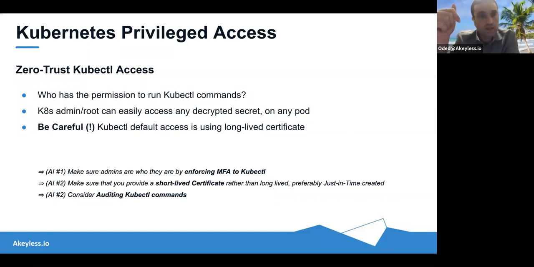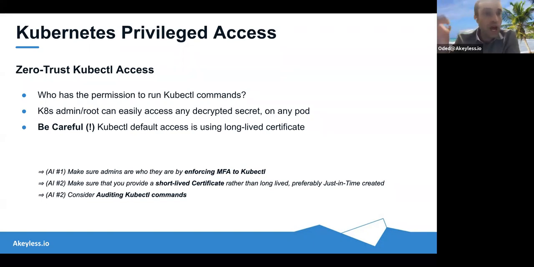So that's one. Second, the access itself should be restricted to short-lived certificates, and you need to use some kind of mechanism that will create that short-lived certificate. Obviously, Akeyless supports it, and I'll be able to talk about it offline whenever you want, and even demonstrate it. But basically, short-lived certificates are the place for you to mitigate that problem.